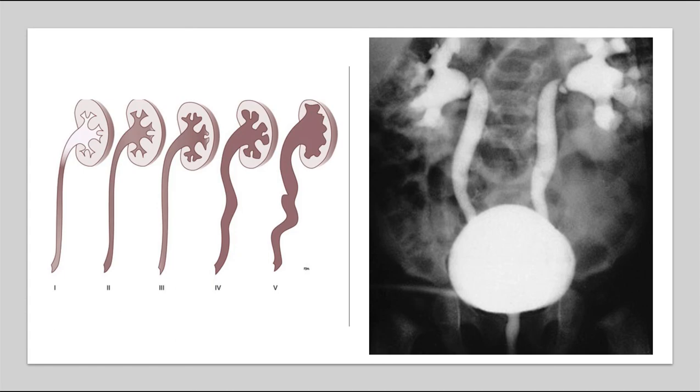Ureter only; reflux into ureter, pelvis, and calyces with no dilation and with normal calyceal fornices; mild or moderate dilation and tortuosity of the ureter and mild or moderate dilation of the pelvis, with no or slight blunting of the fornices; moderate dilation and tortuosity of the ureter and moderate dilation of the pelvis and calyces; complete obliteration of the sharp angles of the fornices with maintenance of the papillary impressions in the majority of the calyces; and finally, gross dilation and tortuosity of the ureter, pelvis, and calyces.